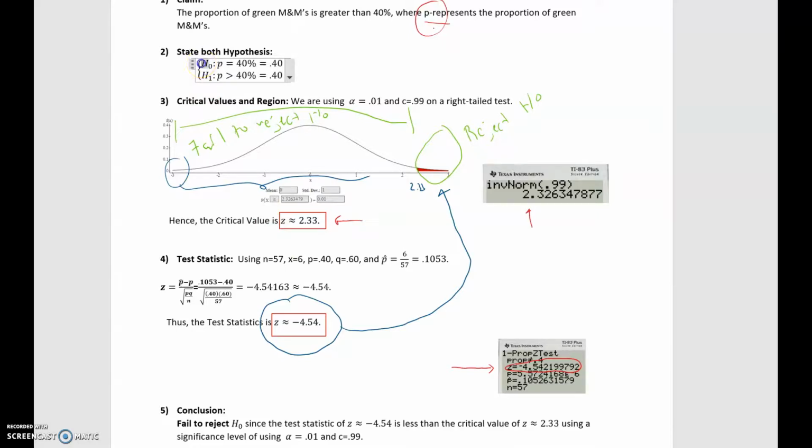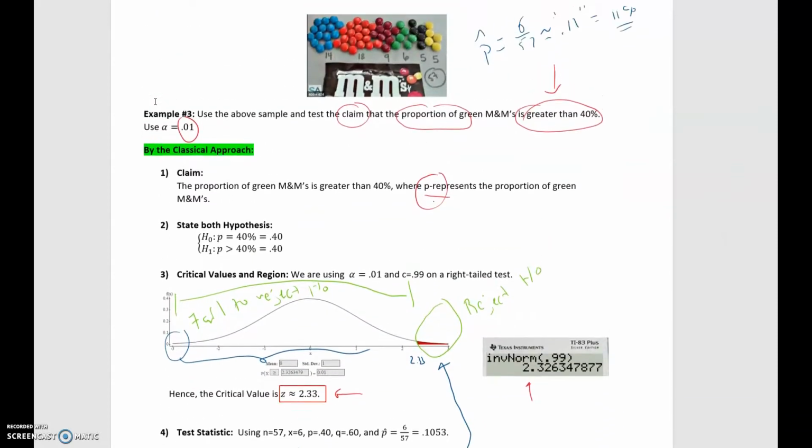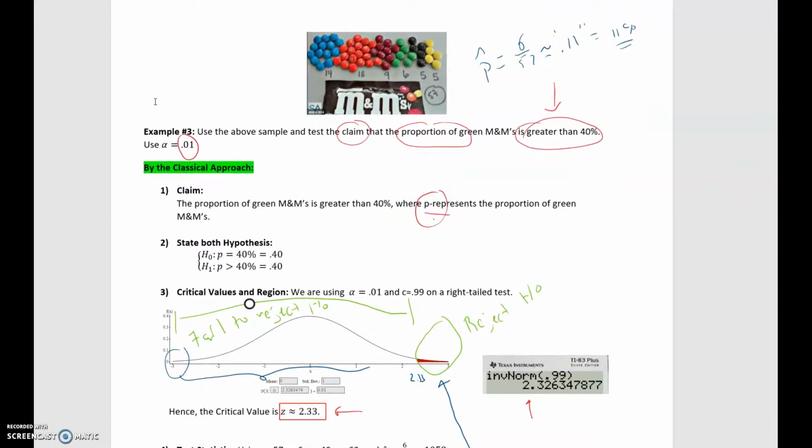In this case, fail to reject H0 means that there's no evidence that H1 is correct or true, except that we use the formal wording of reject H0 or fail to reject H0. So if you look at the proportions, there's no evidence that the proportion of the green M&Ms is greater than 40%.